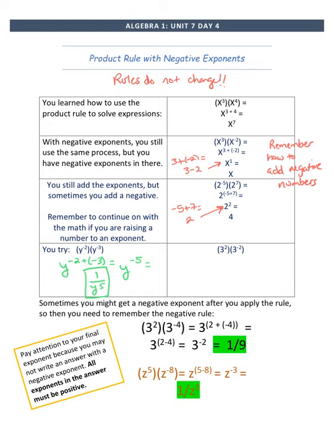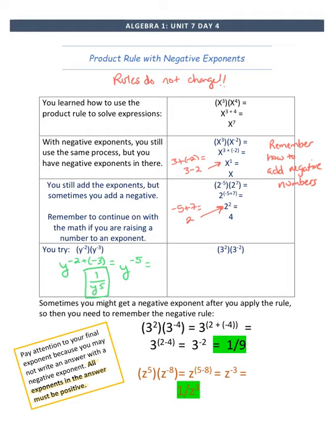But you cannot leave it there. As I've got highlighted or bolded, all exponents in the answer must be positive. That doesn't mean change them to positive. It means do the math to make them positive. So if I've got y to the negative 5, I don't say, oh, it has to be positive, so y to the 5th power. No, I do the math.